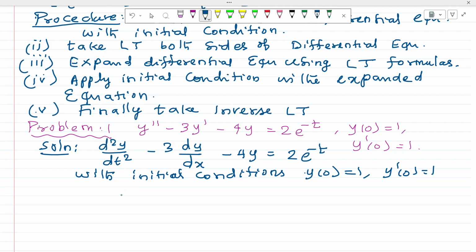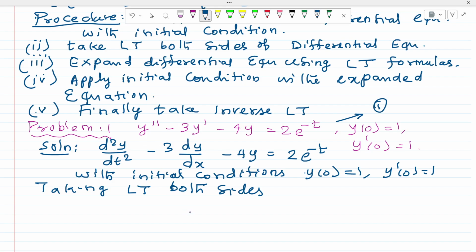Now listen, what is the first step here? Taking the Laplace transform on both sides of the differential equation. Write down: taking Laplace transform both sides. Take it that the given equation is equation number 1.